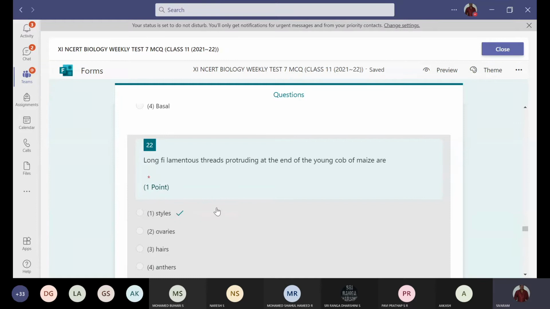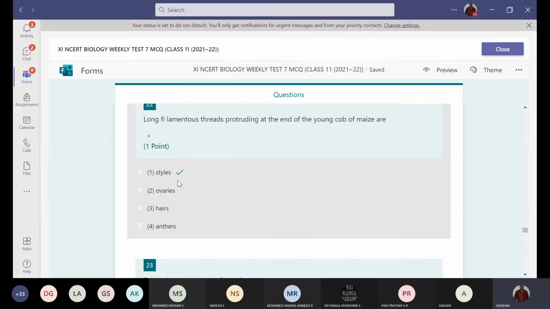Okay, and next, long filamentous threads protruding at the end of the young cob of maize represent styles. They represent the styles. This is very, very important. In +2 also we'll come across this one, the styles.